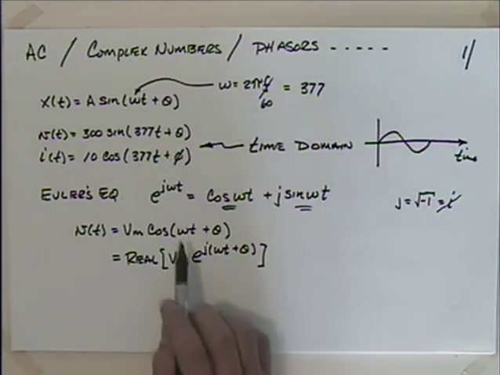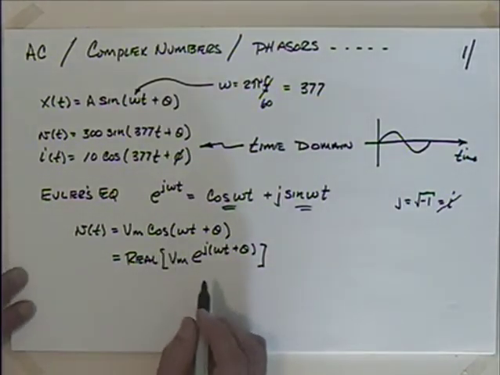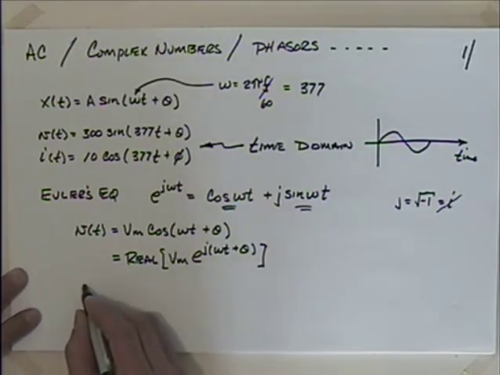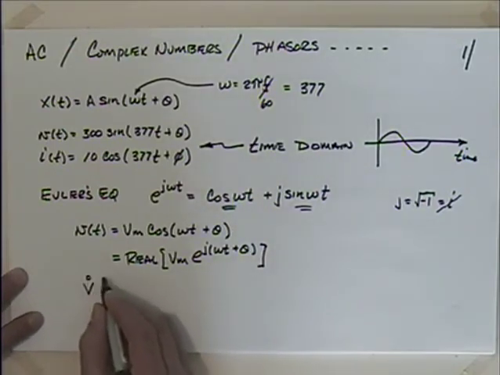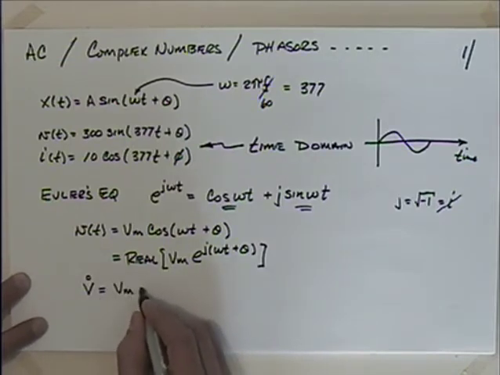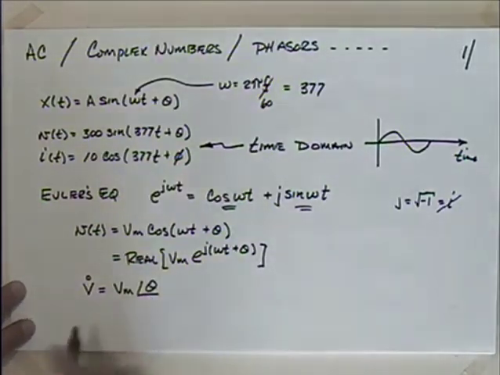Okay, so I use Euler's equation to take the real portion of that, and I come back to what I started with. And this looks a little awkward to work with, but what we will very quickly do is put this into phasor form, where I can say that I have some magnitude at some angle theta, which is much easier to work with.